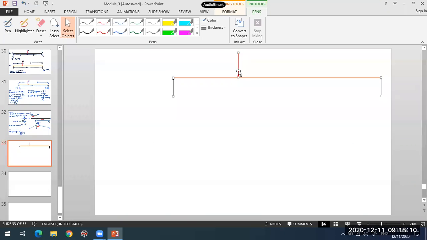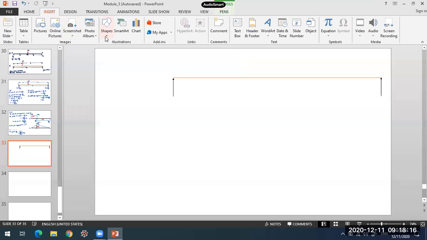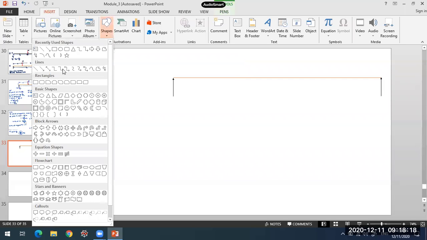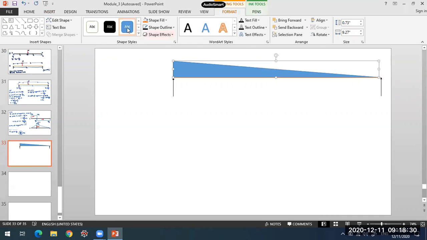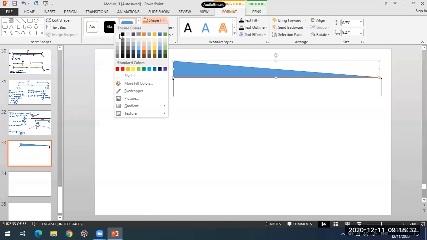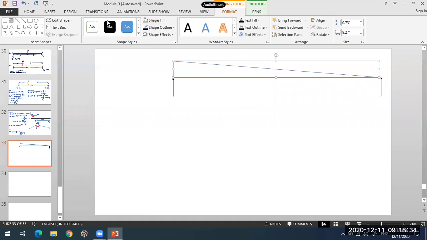When you have a uniformly varying load applied on the beam, we'll have something like this. It will change from 0 to some maximum value. This is how the variation in the uniformly varying load will occur.